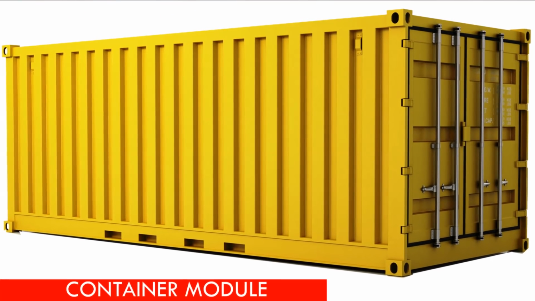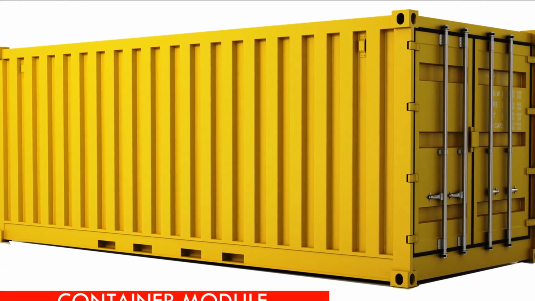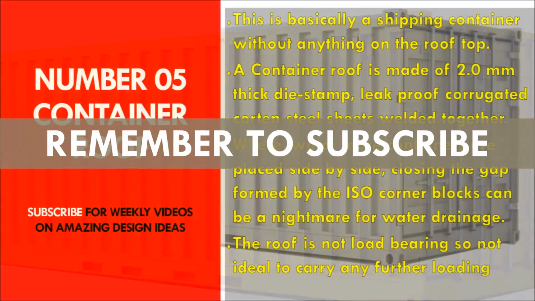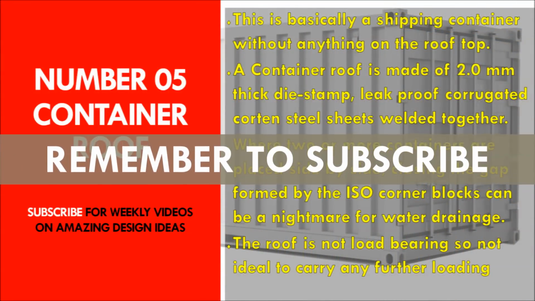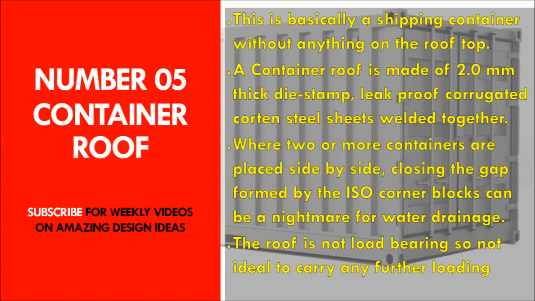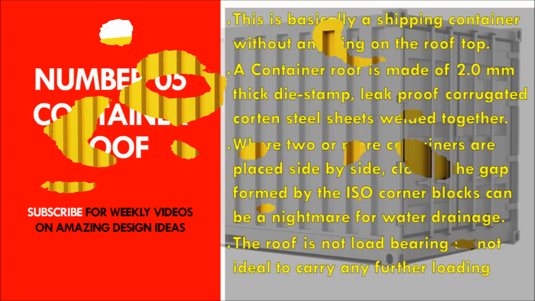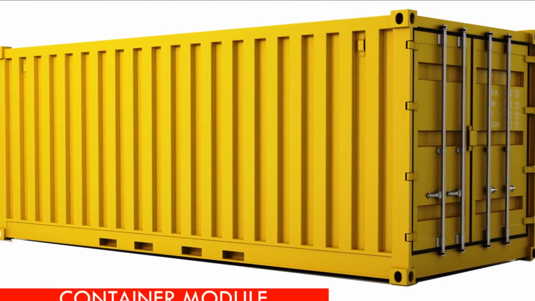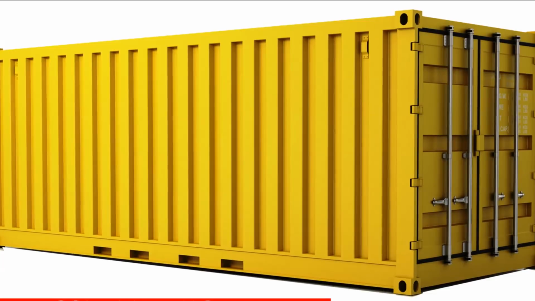So the fifth type of roof we are going to look at is what I would call a container roof. This is basically a shipping container without anything on top in form of a roof. A container roof is made of a 2 mm thick die-stamp leak-proof corrugated coating steel welded together in form of continuous sheets.